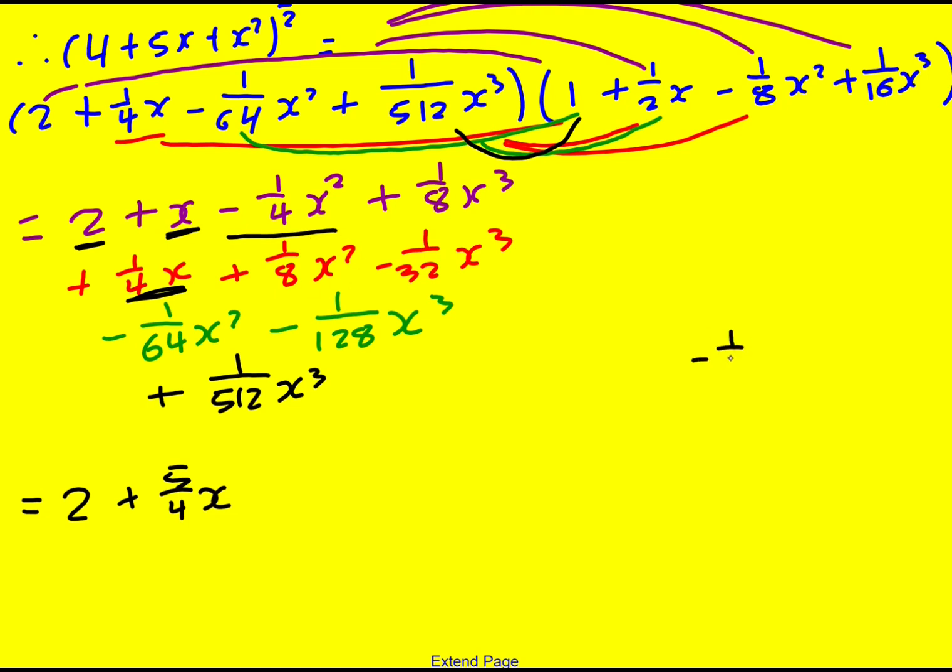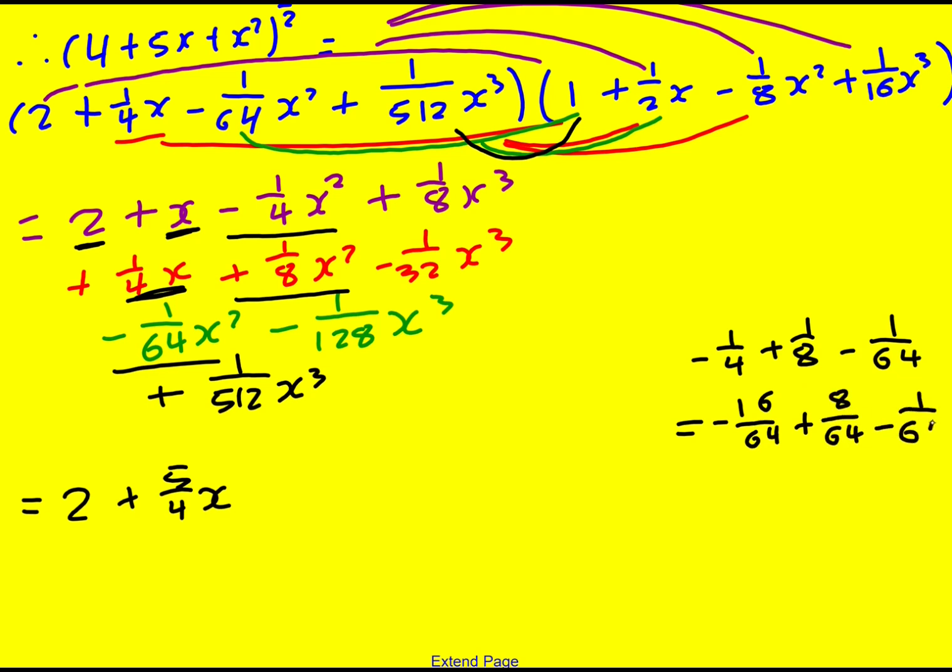I'm going to have a minus a quarter plus an 8 minus 1 over 64. That's all the terms with x squared in. Let's put it over a common denominator of 64, so minus 16 over 64 plus 8 over 64 minus 1 over 64.